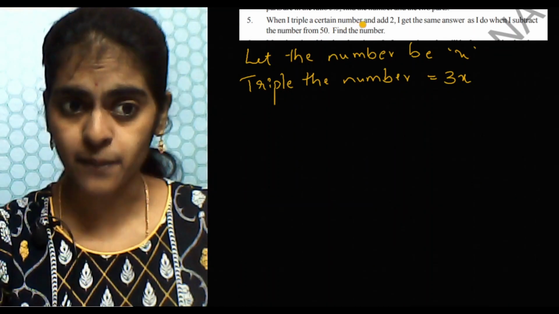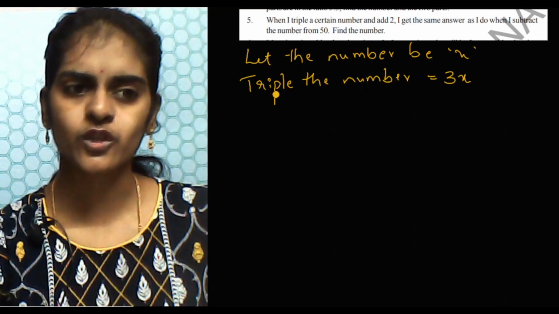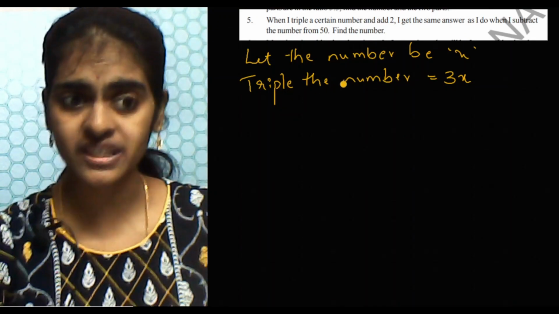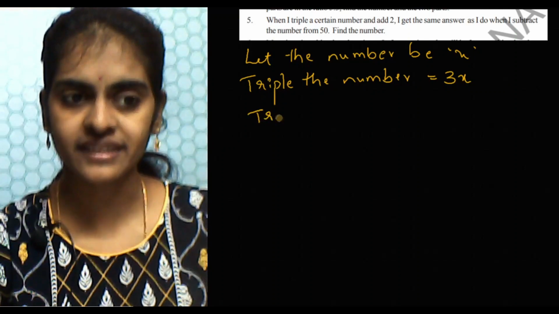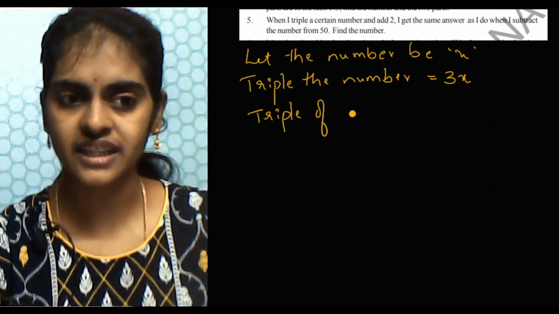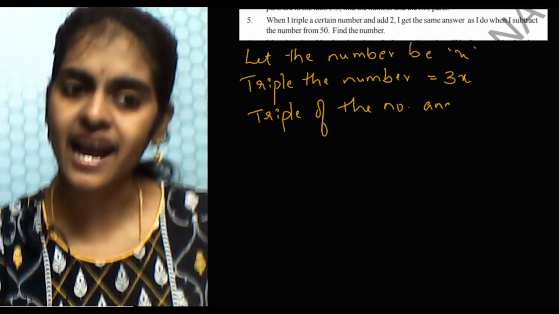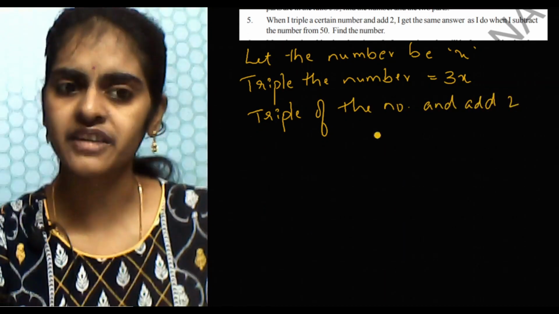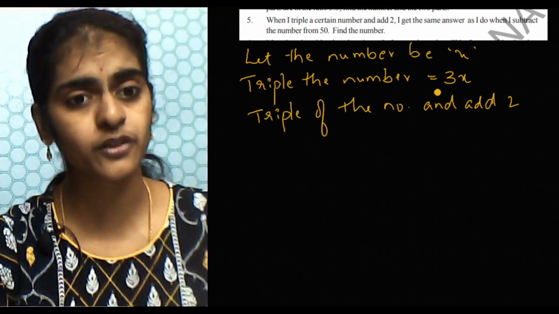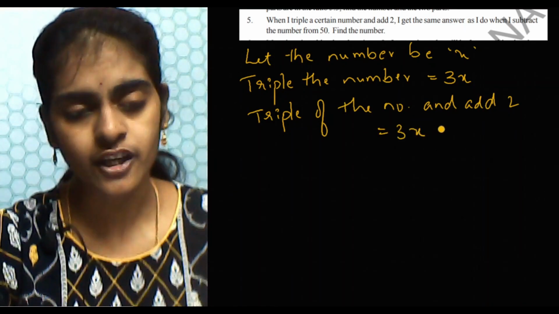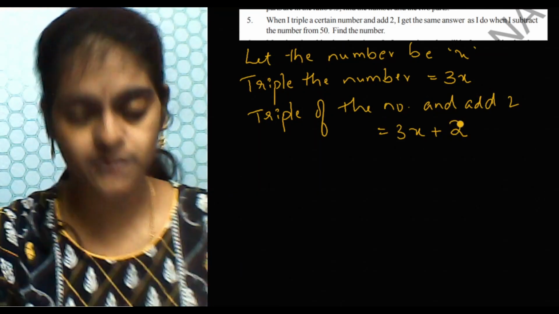When I triple a number and add 2, you are adding 2 to triple of this number. So what do you get when you triple the number and add 2? When you triple, it is nothing but 3x. Now you're adding 2, that means it will be 3x plus 2.